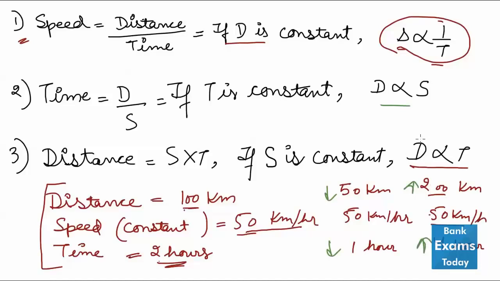Thus, the distance is directly proportionate to time. If the distance increases, the time taken also increases. Similarly, if the speed increases, the time taken decreases, and if the speed decreases, the time taken increases.